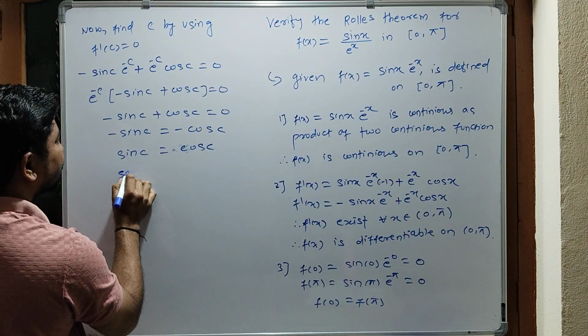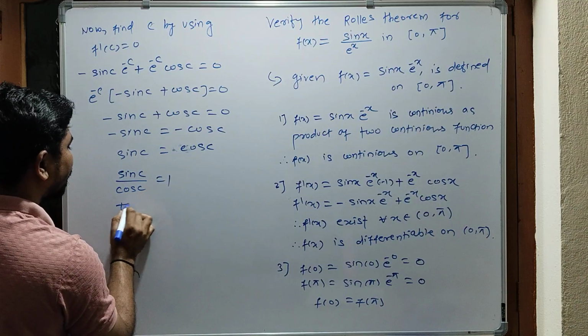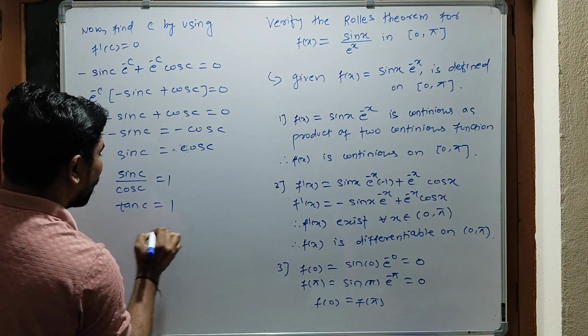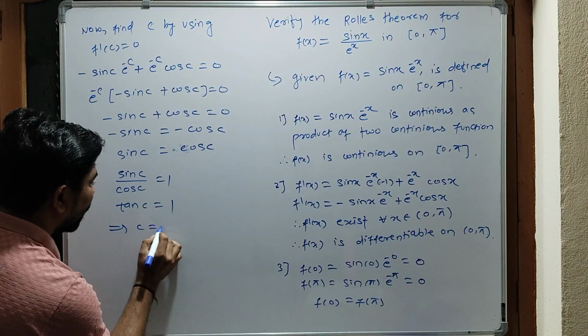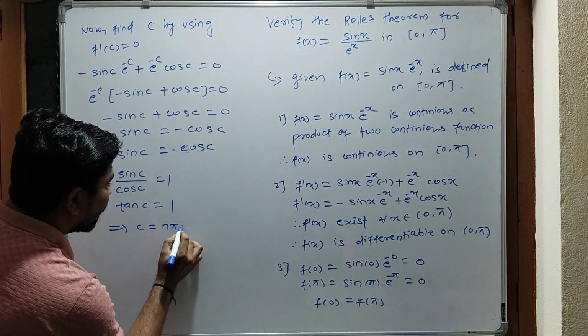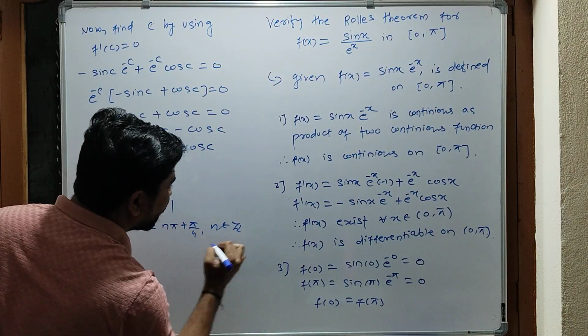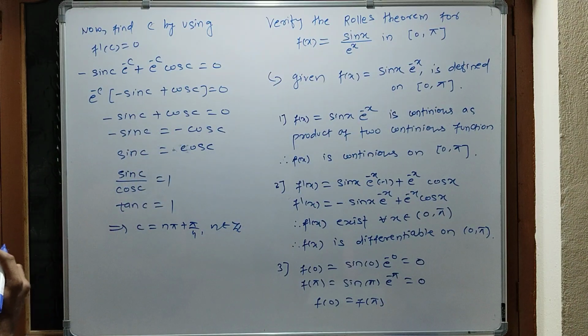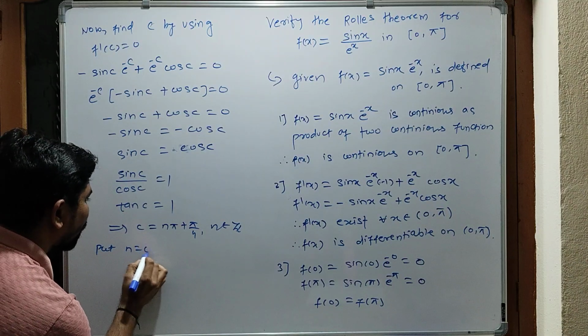This implies that sin c by cos c equal to 1. This implies that tan c equal to 1. Here this implies that c equals n pi plus pi by 4, so that n belongs to the set of integers Z.